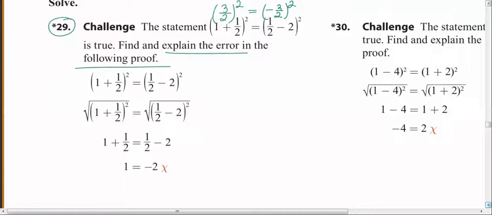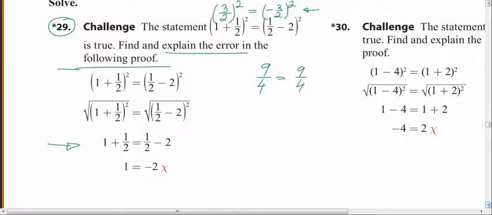Everything squared, which equals 9/4, and this is a true statement. Obviously, on the right side, -3/2 squared, if you square that negative number, will become positive, and you'll have 9/4 equals 9/4, right? Now, what's happening here? Why is this proof not okay? Well, let's see. First of all, before they're squaring each one of the sides, they're just taking the square roots of them, and they're coming up with 1 plus 1/2 equals 1/2 minus 2.